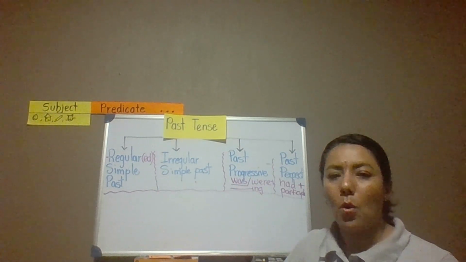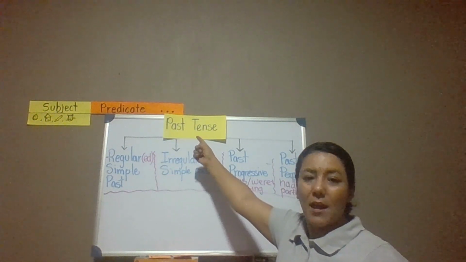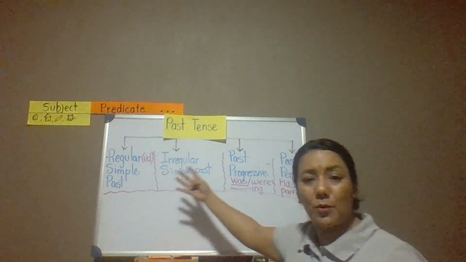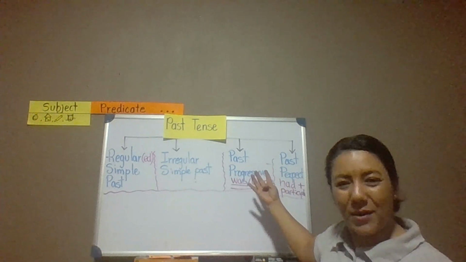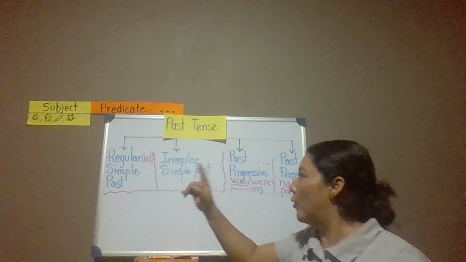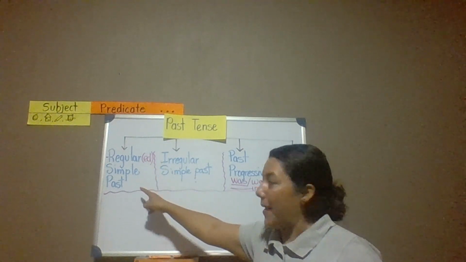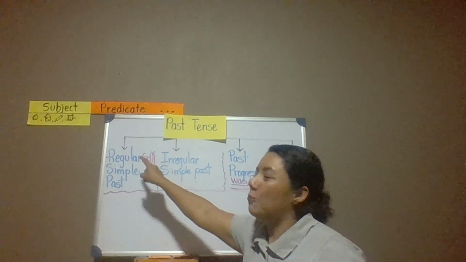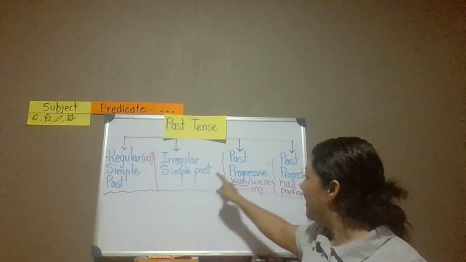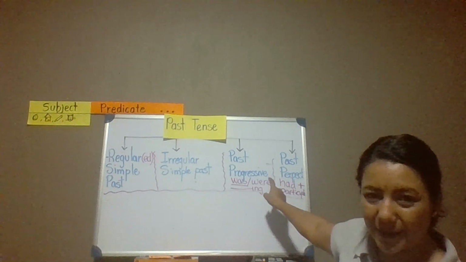I'm going to ask you, what tense did we work today? Past tense. How many different forms to express past tense did we practice today? How many? 4. They are regular simple past, irregular simple past, past progressive, and past perfect.